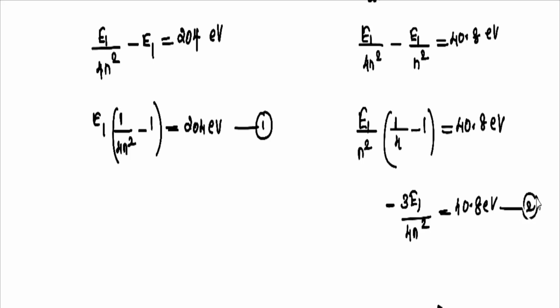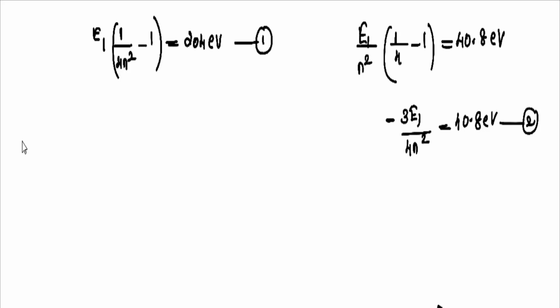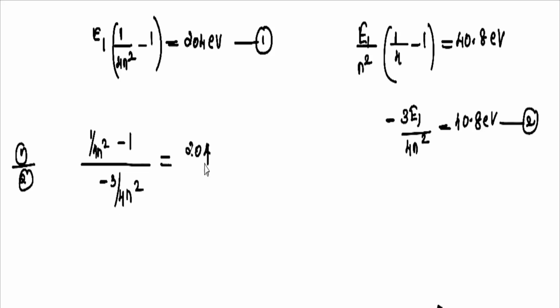This is equation 2. Okay, we can divide equation 1 by 2. E1 gets cancelled, and (1 by 4n square minus 1) divided by (minus 3 by 4n square) equals 204 divided by 40.8.